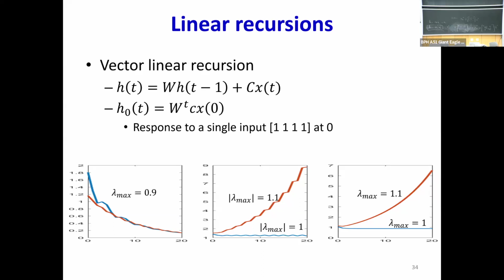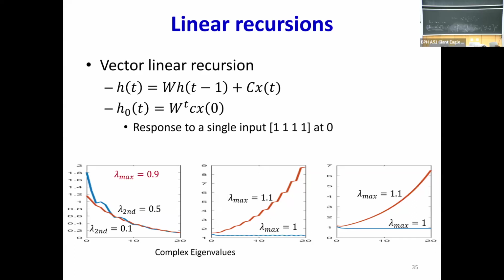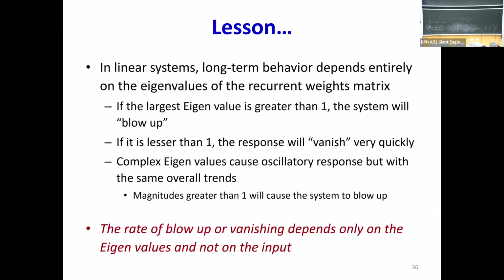What doesn't happen is any retention of the value of x0 itself. It forgets what x0 was because it either blows up or vanishes, right? So the lesson here is that in linear systems, long-term behavior depends entirely on the eigenvalues of the recurrent weights matrix.